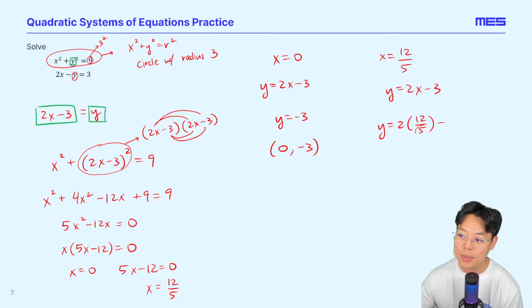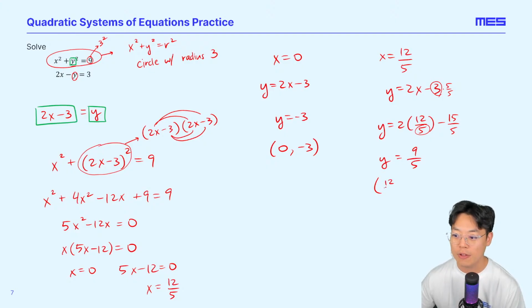I know that my denominator now will be 5 for my y. 3 with a denominator of 5 is 15 divided by 5, once I multiply both top and bottom by a 5. So now we have 2 times 12, which is 24, minus 15. That's 9. But all of that is still over 5. So you have 12 fifths, comma 9 fifths. If you like decimals, then this would be 2.4 comma 1.8.